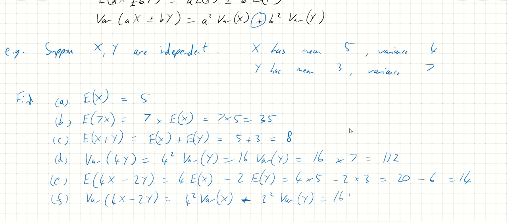This is 16 var x plus 4 var y, which is 16 times 4 plus 4 times 7, which is 64 plus 28, which is 92.